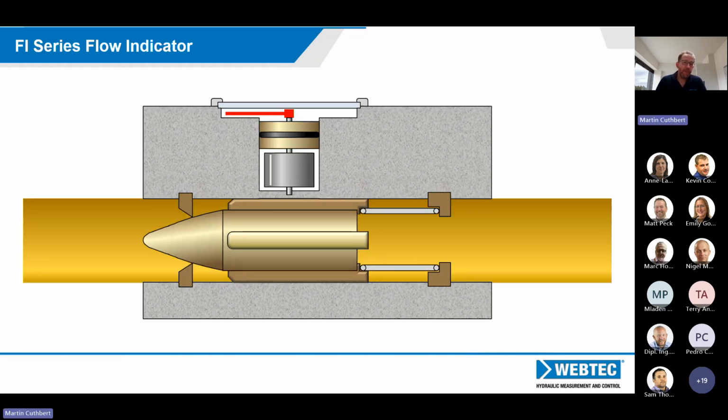In terms of the unit itself, the flow indicator, this is a variable orifice meter. The piston you can see at the bottom there has a magnet inside it. This is like a section through the meter, as if you're looking down from the top.